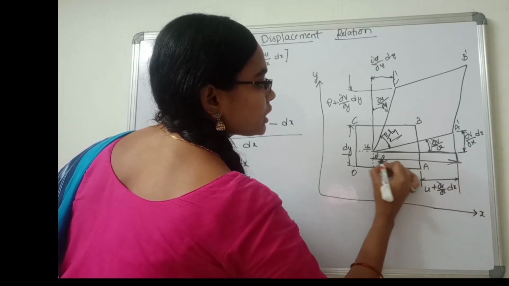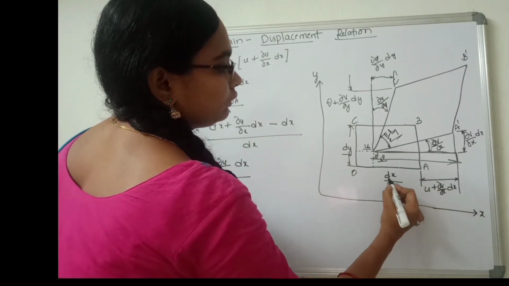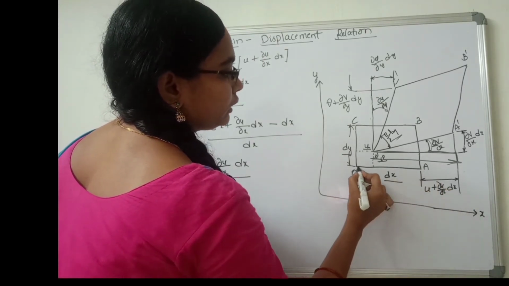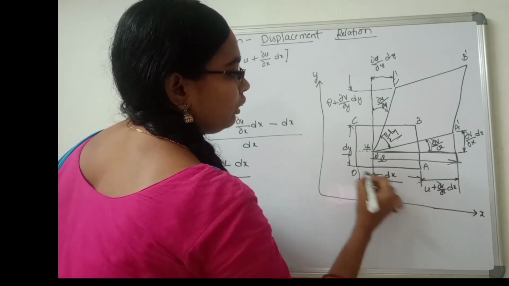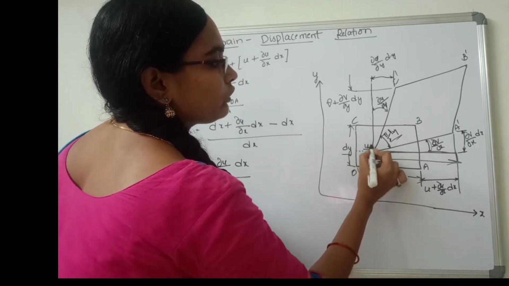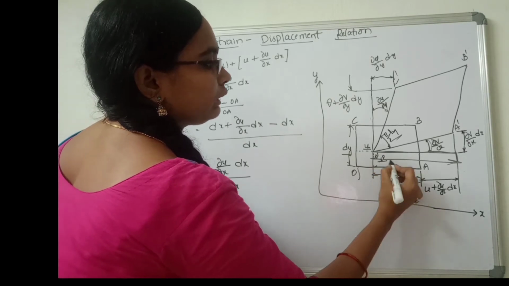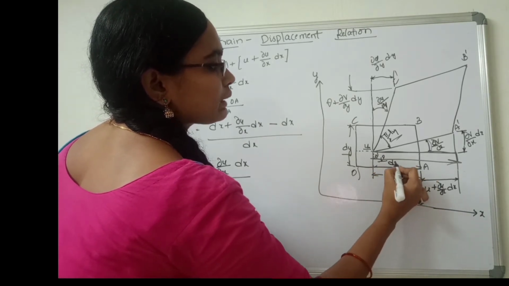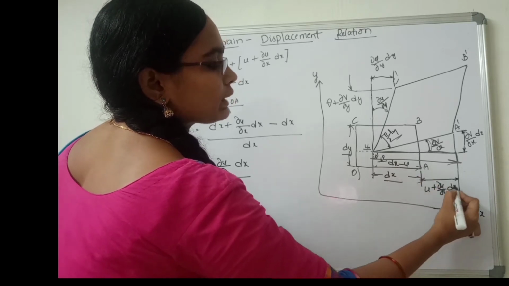So the overall length is dx, and in that we have to separate the u. So O dash A dash is equal to dx minus u plus the changed dimension u plus dou u by dou x dx. That is, dx minus u plus dou u by dou x dx.